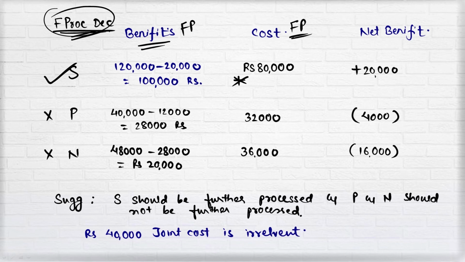You should write down irrelevant for further processing decision. This is what is written with blue color. Believe me, it gives some quality to your answer. The paper checker will understand that you not only know the calculation, you even know the conceptual idea of all these things.